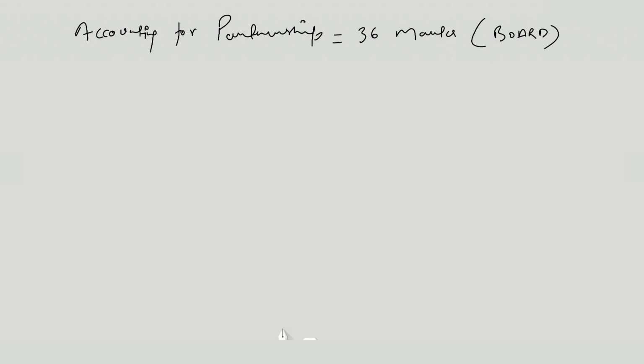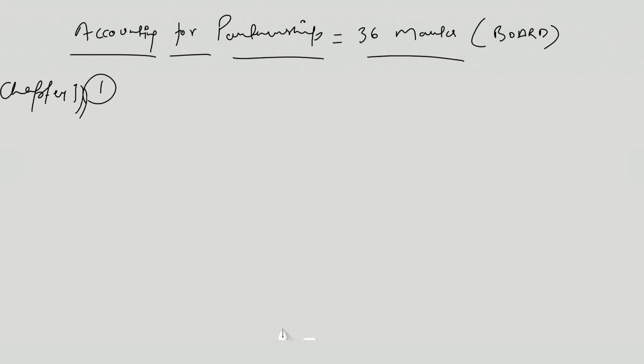This unit alone has the weightage of 45% of your accountancy subject. Under this unit, the first chapter is all about the basics or the fundamentals of partnership. Chapter number 1 is fundamental of partnership.